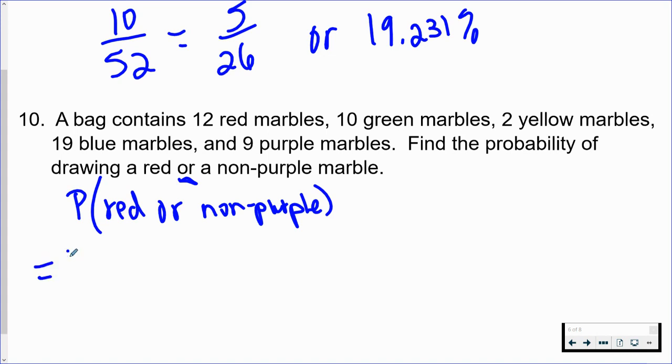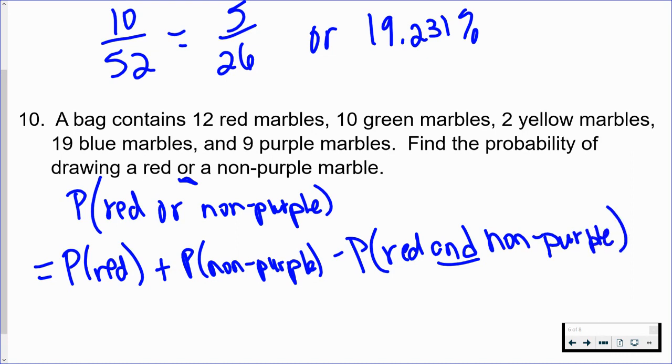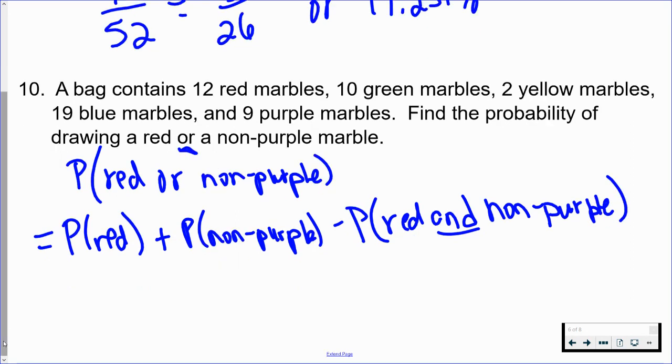So that's going to be equal to the probability of red plus the probability of non-purple minus the probability of red and non-purple. This one we probably should be able to figure out pretty easily even without the equation, but I want to go through how to use it because there are some where you have to use it.